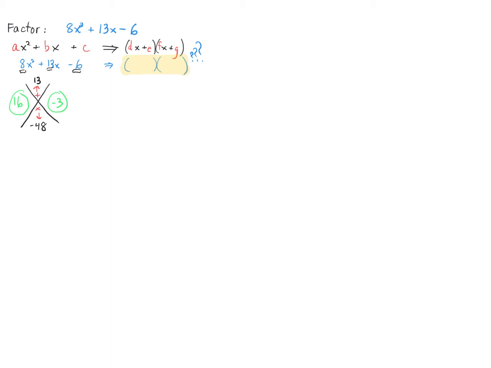Using your really cool grid method, we would go ahead and make this grid. And in the top, we put the A term, the C term, and the AC term. And on the right margin, we'd use those two numbers you have from that X grid, the 16 and the -3.